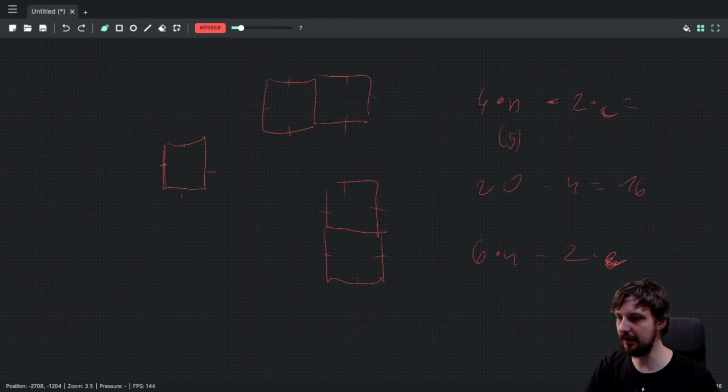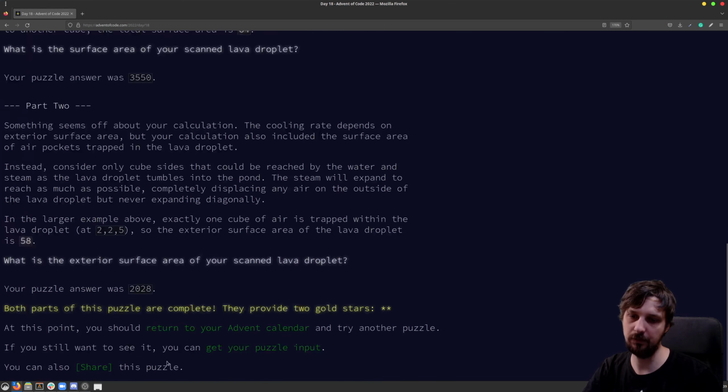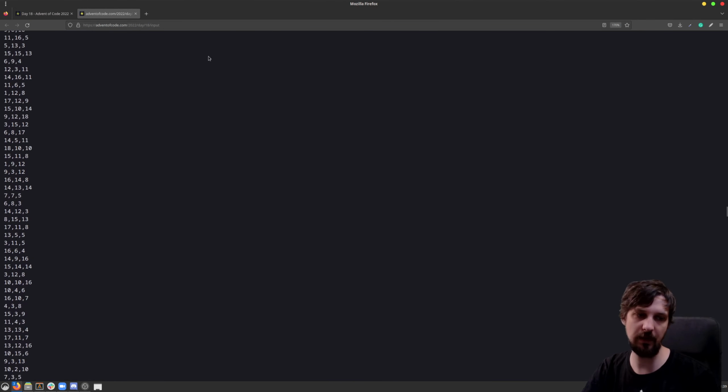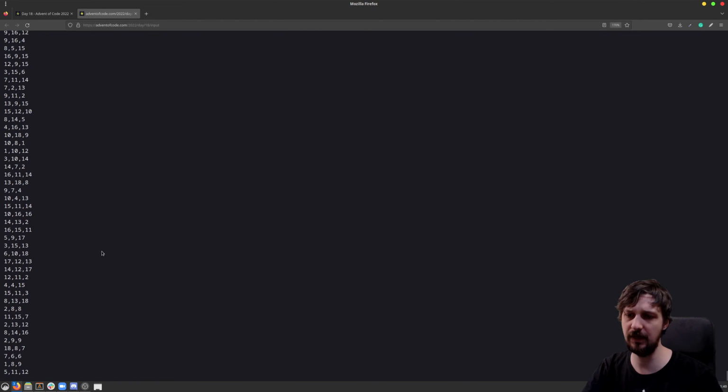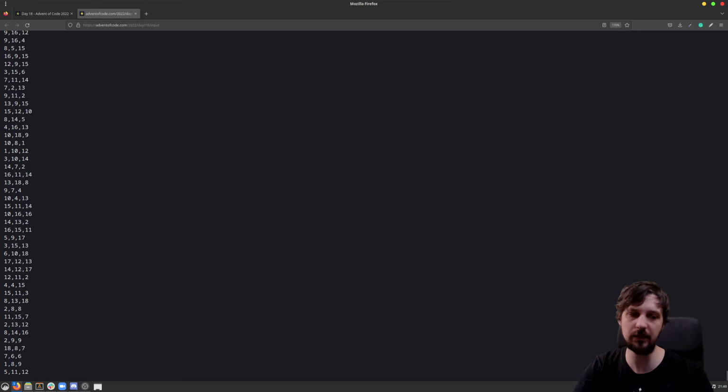So what I did myself was I checked my input. I said, okay, I don't want to go through all those things, and I don't want to figure out how big is the area I need to scan.